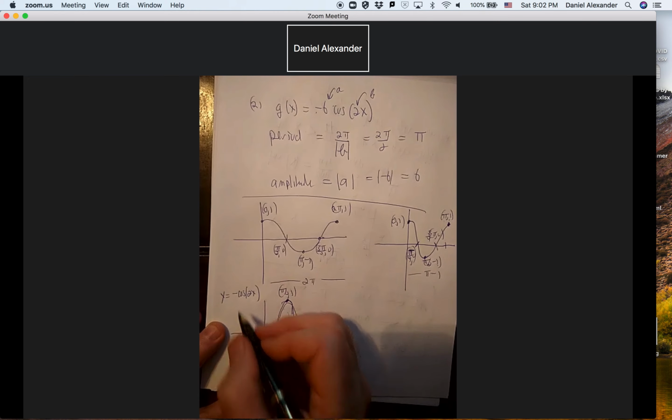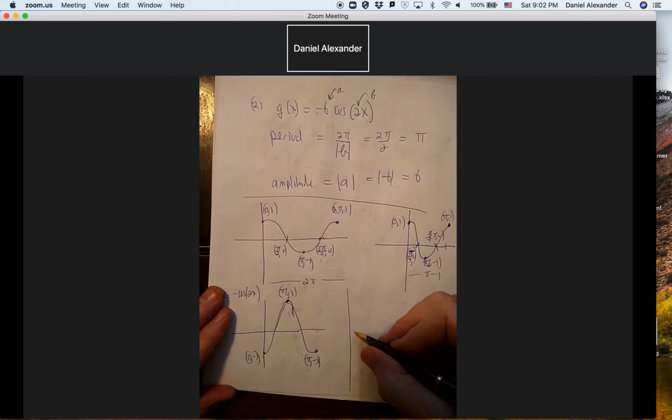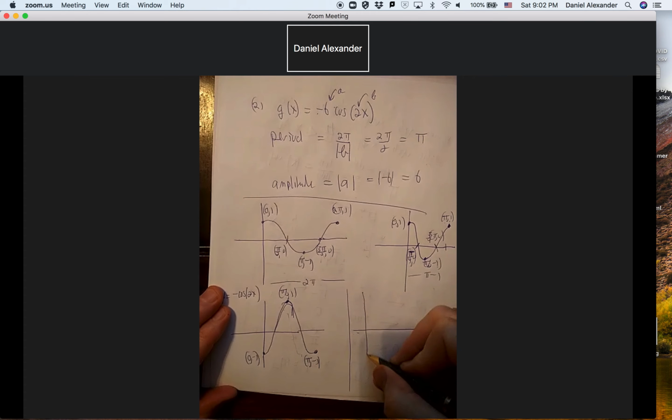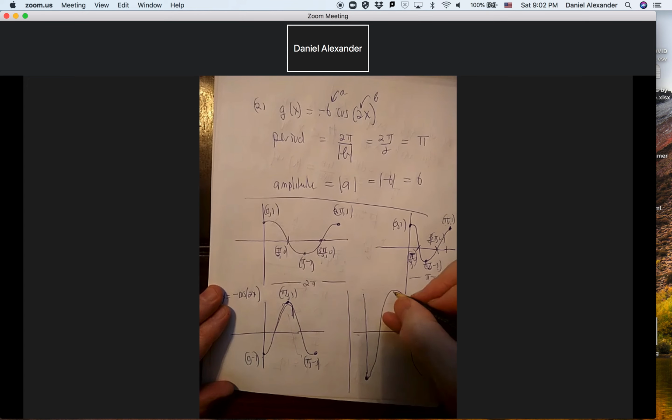And now we're going to make it minus 6 over here. So we're just going to take this graph and stretch it so it looks like this. It's going to go down to minus 6, go up to 6, back down to minus 6. So this point here is going to be pi over 2, 6.